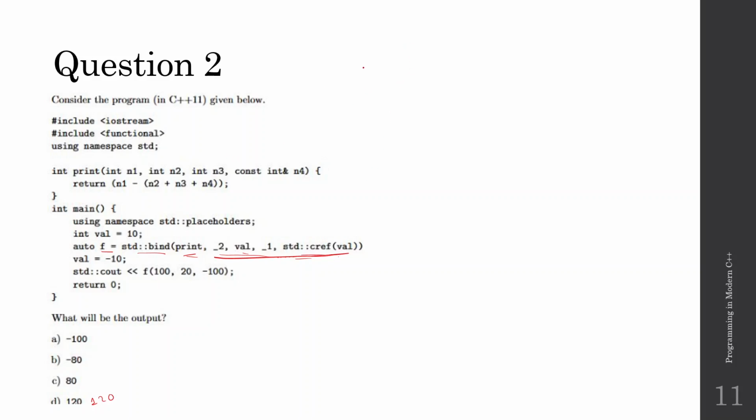So from this we can see that your n1 will be equal to underscore 2, n2 will be equal to val, which is equal to 10, and this is passed by value, so it will not change also, and n3 equal to underscore 1, and n4 equal to ampersand val, which means that it will be a reference actually.